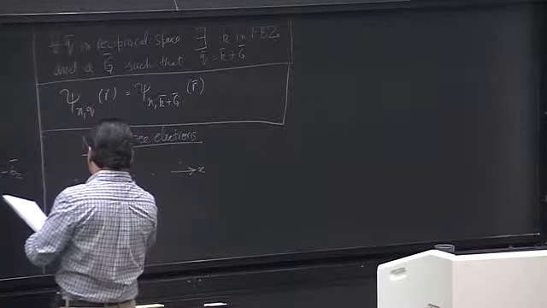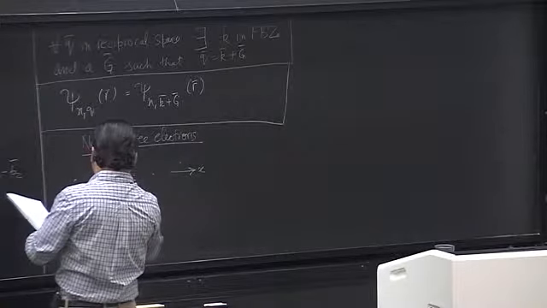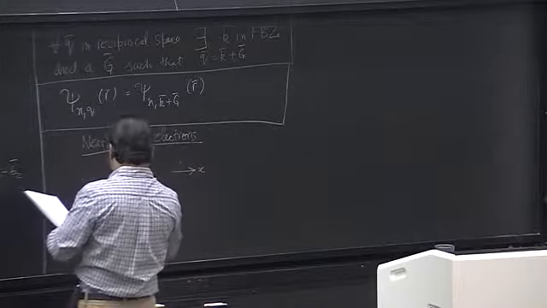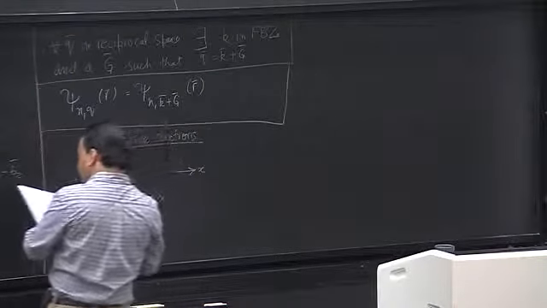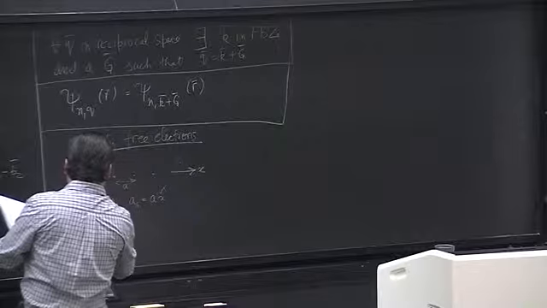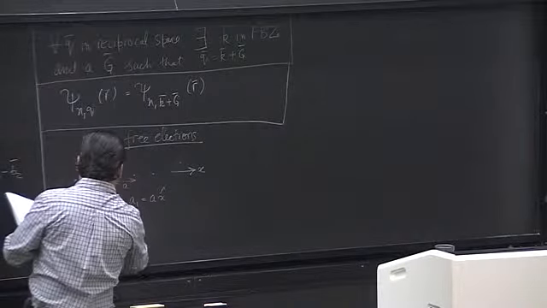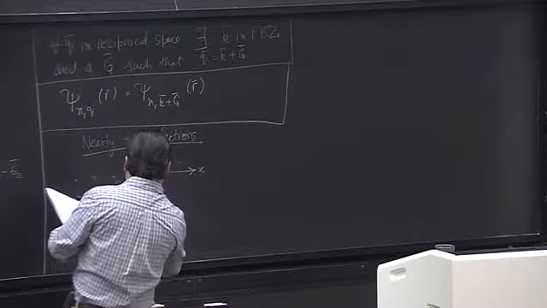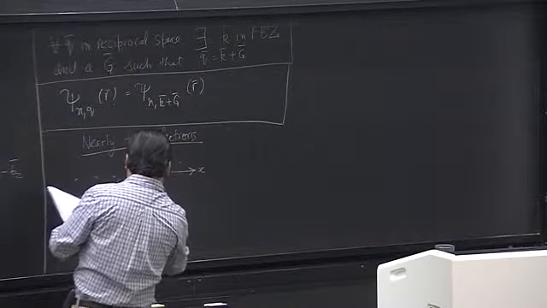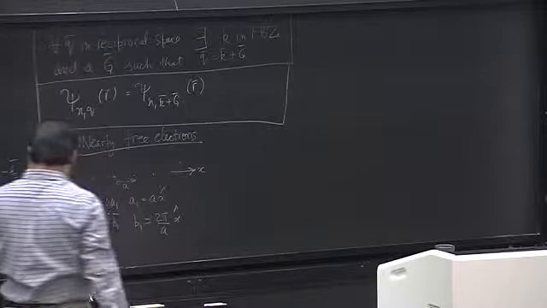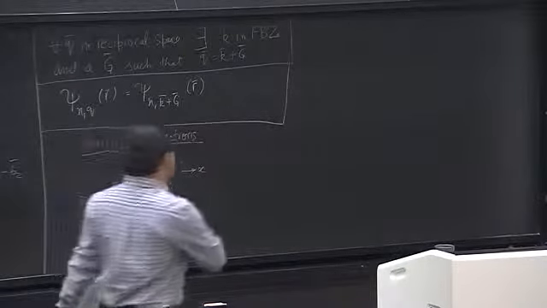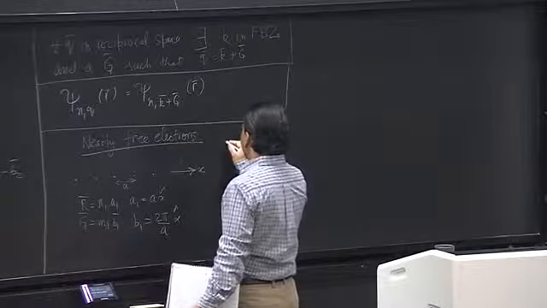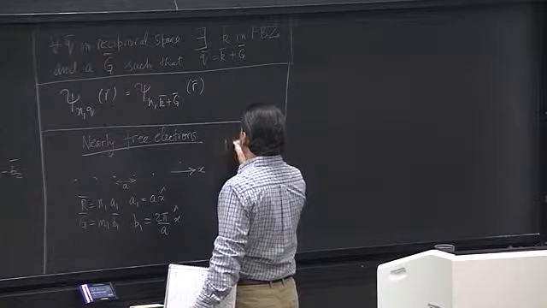So the direct lattice vectors are n1 times a1, where a1 is a x-hat. The reciprocal lattice vectors are m1 times b1, where b1 is 2 pi over a times x-hat. So very simple case, it's a 1D lattice.